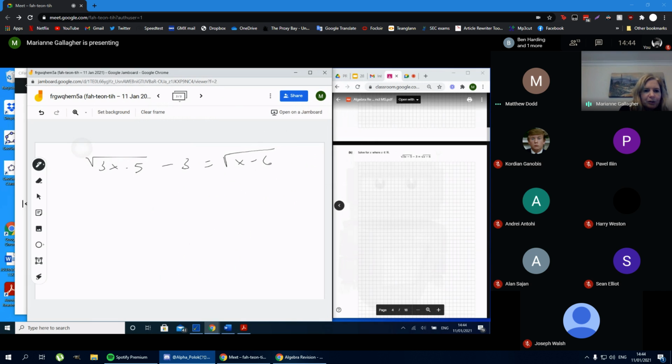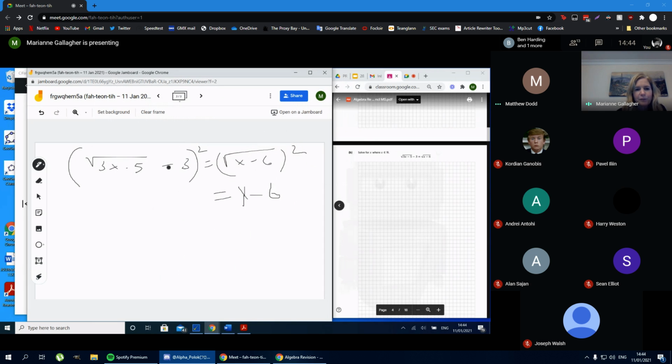So when you're squaring it, you're basically saying, I'm squaring this whole side, and I'm squaring this whole side. So the right is easy because you've just got one thing. The square root and the square cancel each other, so the right-hand side is just x minus 6.